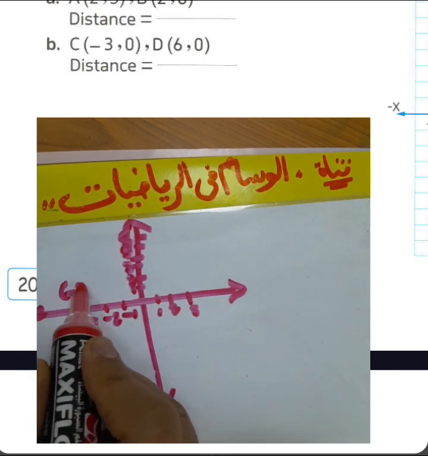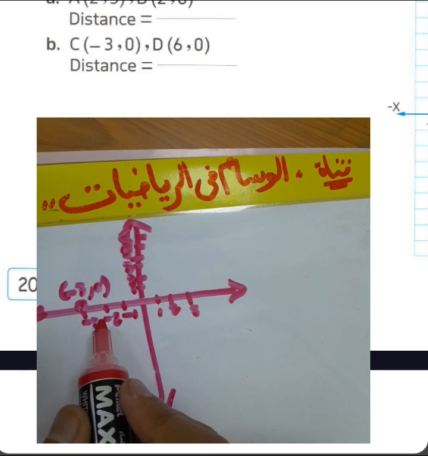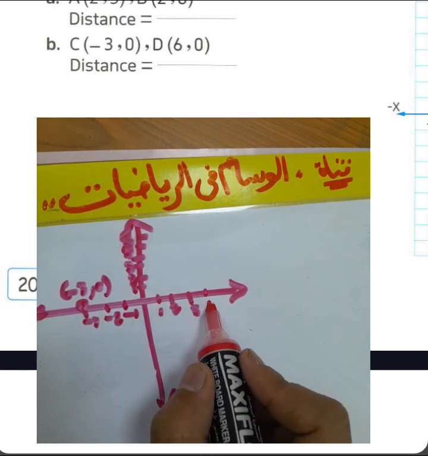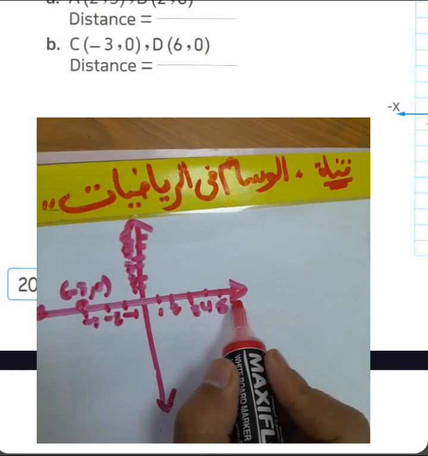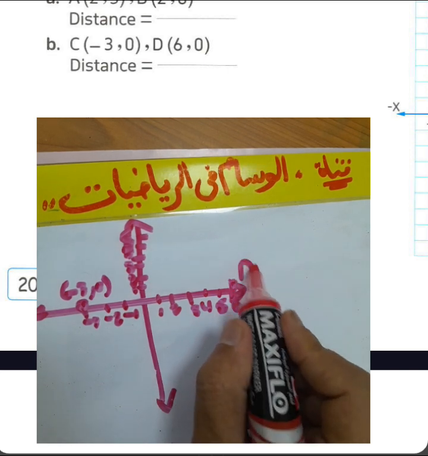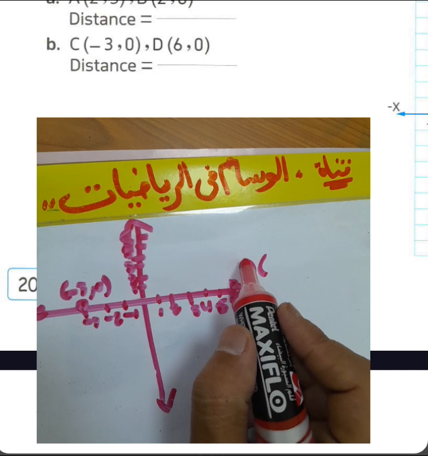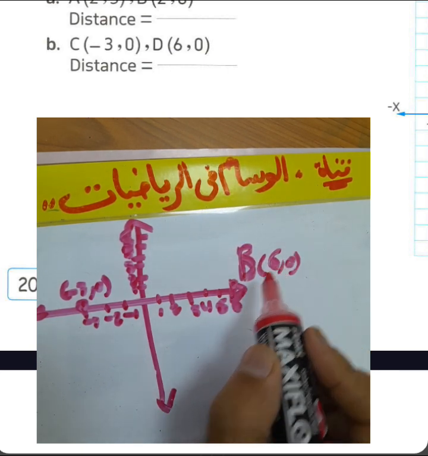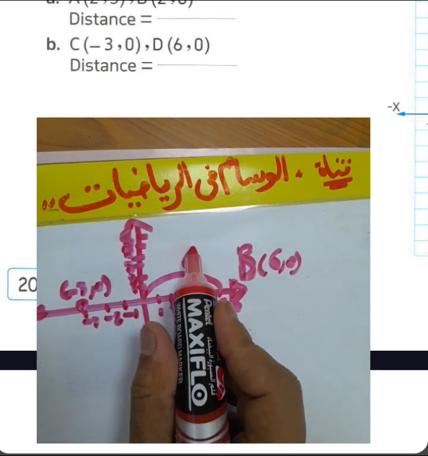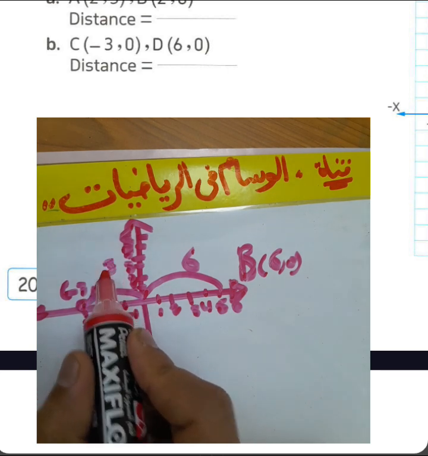This point was negative 3 and 0, and we have 6 and 0. Then the distance between them, we have 6 units here and 3 units here.